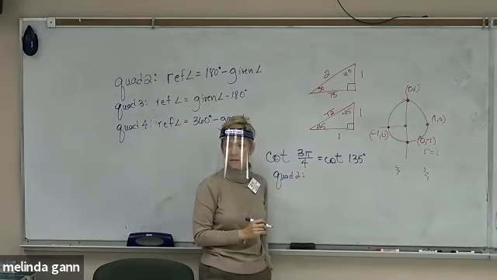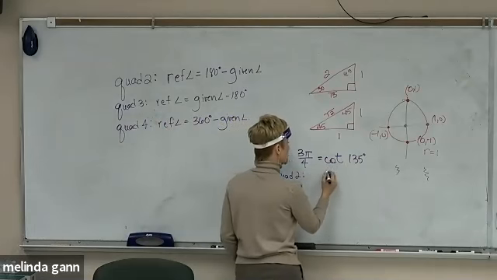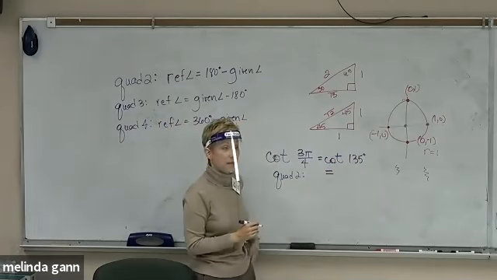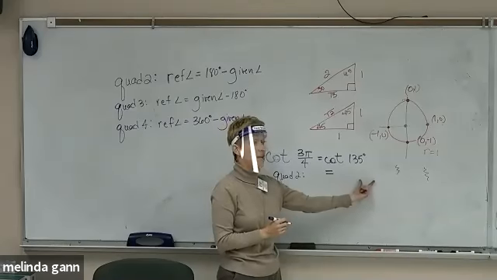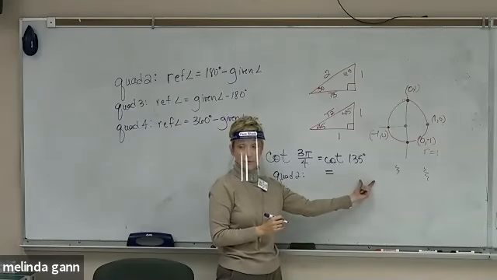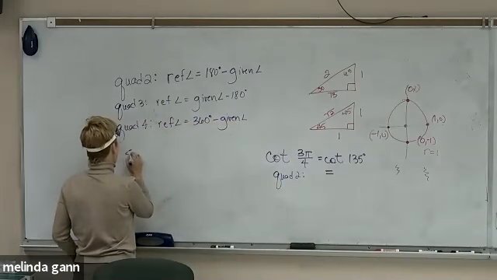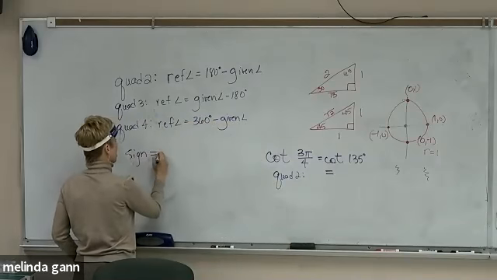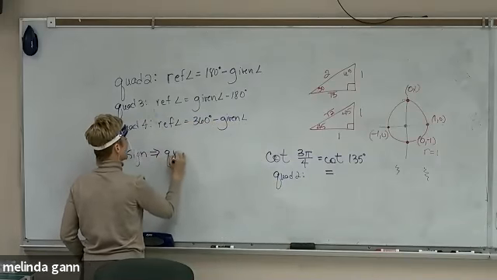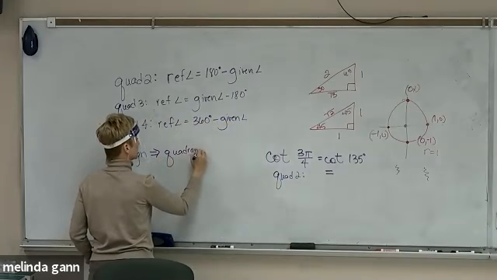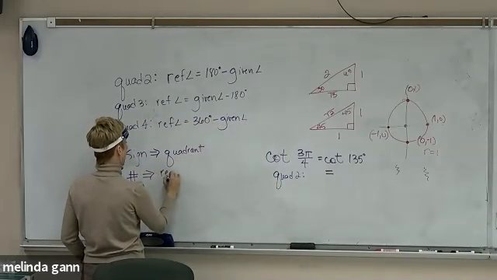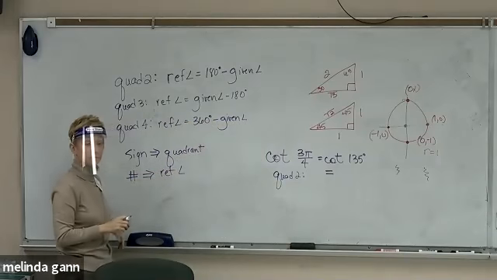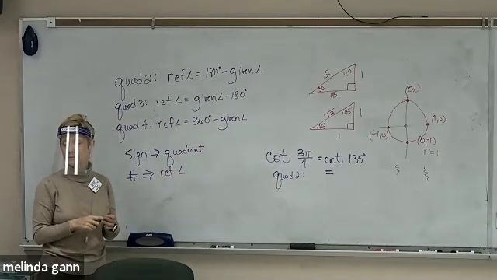Everybody with me? Now, this answer has 2 parts to it. It's got a sign, like it's either positive or negative, and it's got a number. The sign comes from the quadrant you're in. And the number comes from the reference angle. And they're done separately.